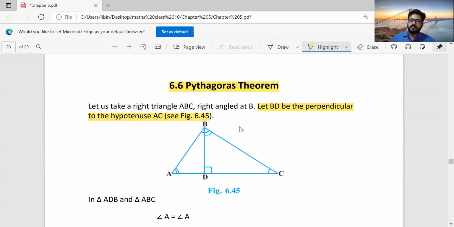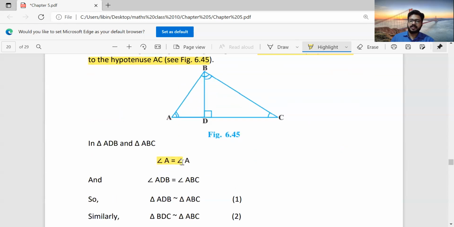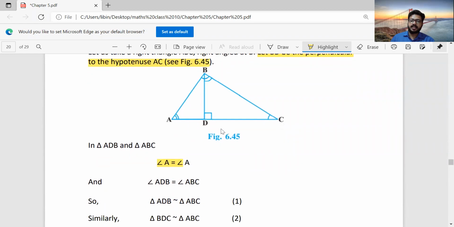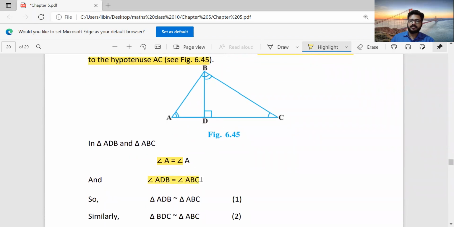What we are trying to prove? We are trying to prove these two triangles are similar. Let us see. Angle A is equal to angle A, and angle ADB is equal to angle ABC. Therefore, we can say that triangle ADB is similar to the bigger triangle ABC.